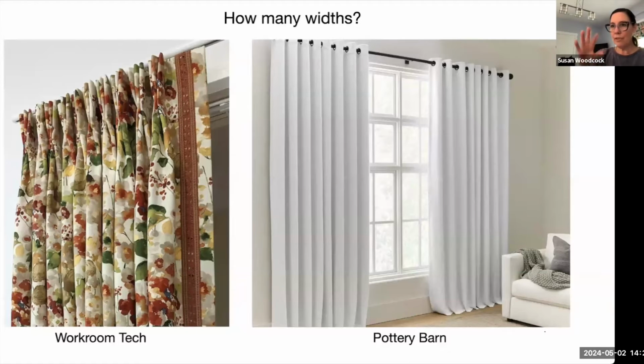So if there are 8 folds, that means it's 2 widths. That's just good general basic knowledge. I think a lot of people look at grommet panels, which can stack back so tight that you need to see more than one width sometimes because they look so skinny. And that photo was from Pottery Barn.